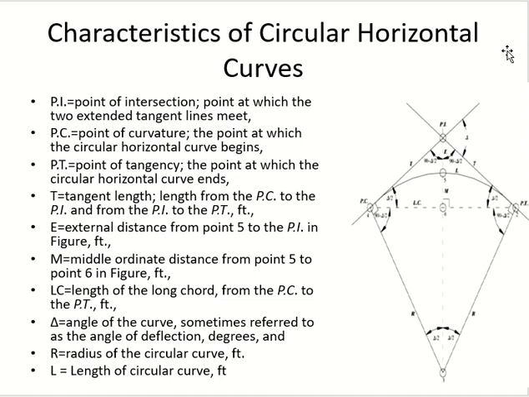This is the start point, this is the end point. These are the tangents which you are trying to join with the curve. And the angle between these tangents is represented with delta. This is the total angle I want between the tangents. Clear?